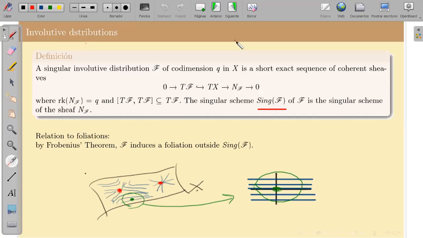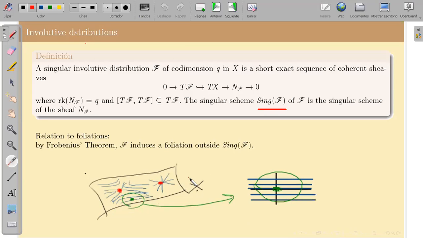By Frobenius theorem, this induces a decomposition of the complement of the singular scheme into connected holomorphic varieties, such that locally around each point x, we have a holomorphic chart trivializing this decomposition like this. These components here, the blue ones, are called the leaves of the foliation or the distribution, and are usually not algebraic.